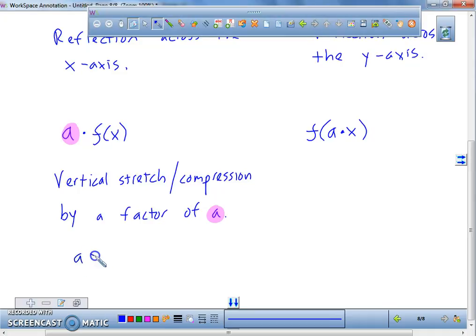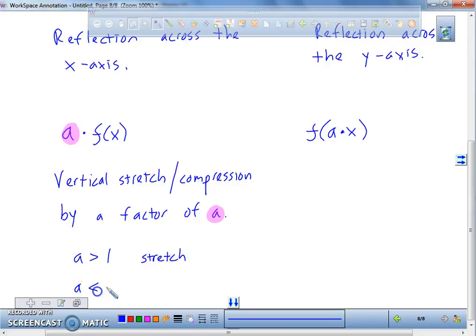Now, if a is greater than 1, that's where it's going to be a stretch. But if a is less than 1 but greater than 0, then that's what's called a vertical compression. And it's a vertical stretch or compression based off whatever that factor, whatever that number is.